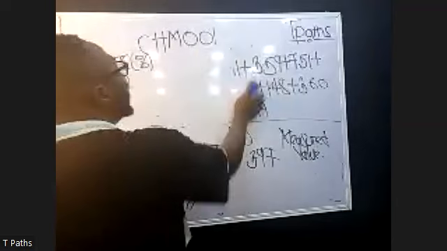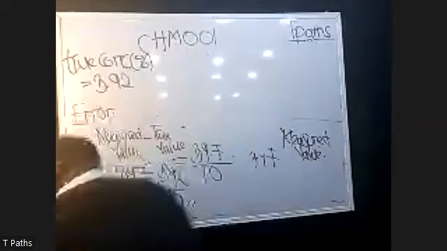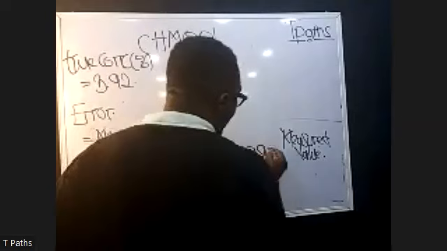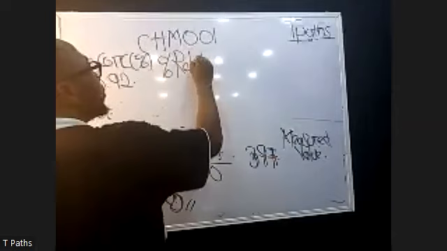What is relative error? The relative error is equal to the error, or absolute error, over true value times 100.